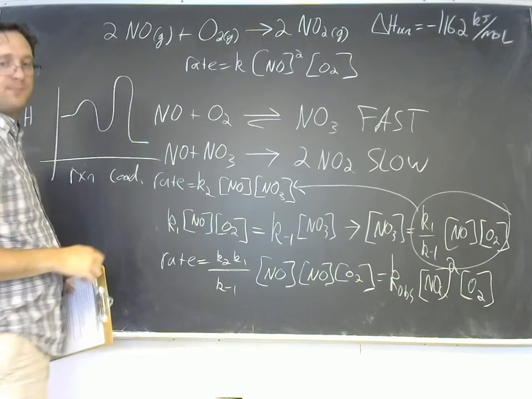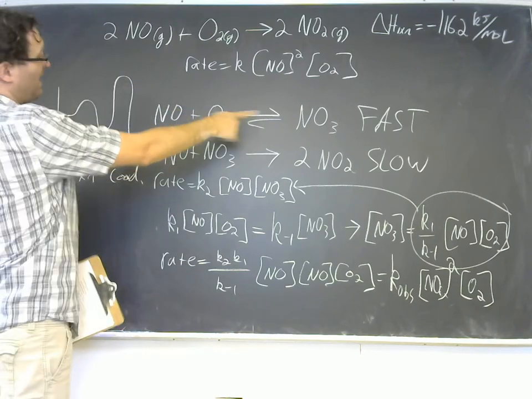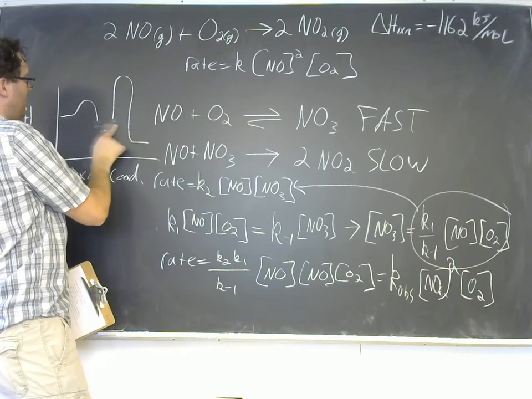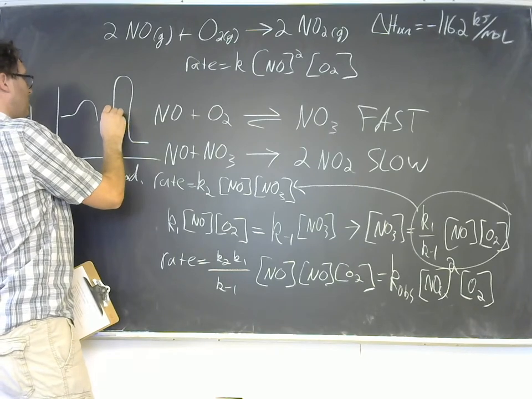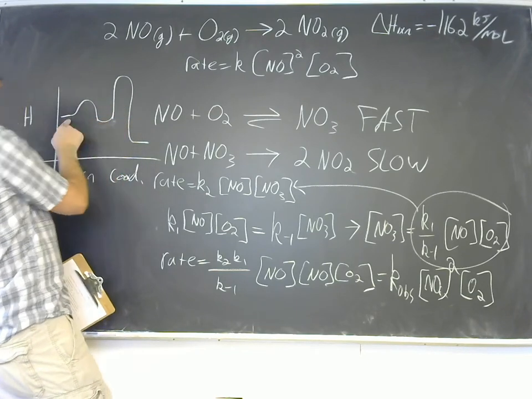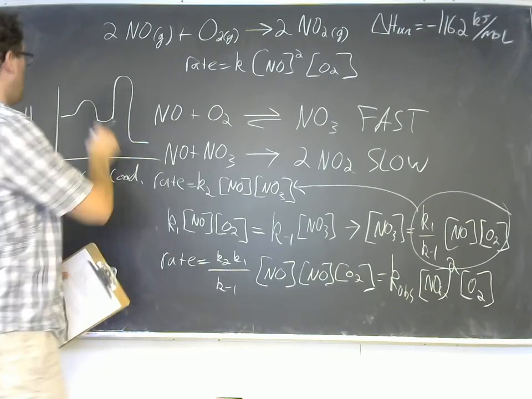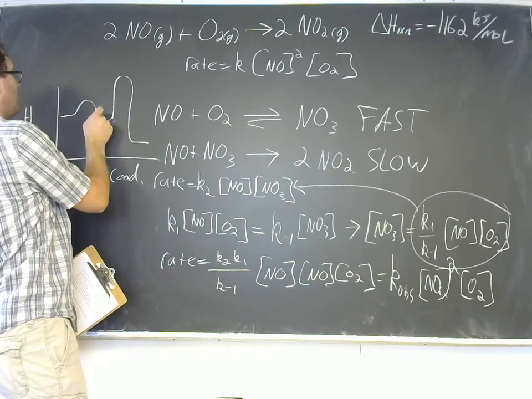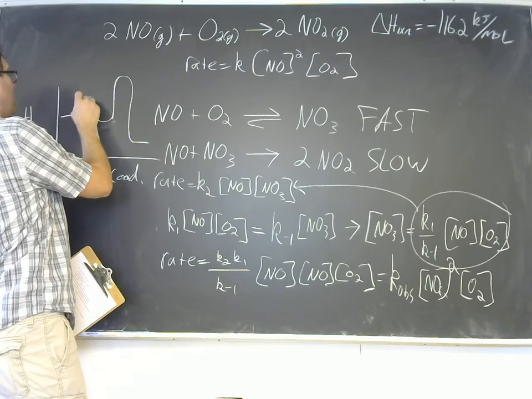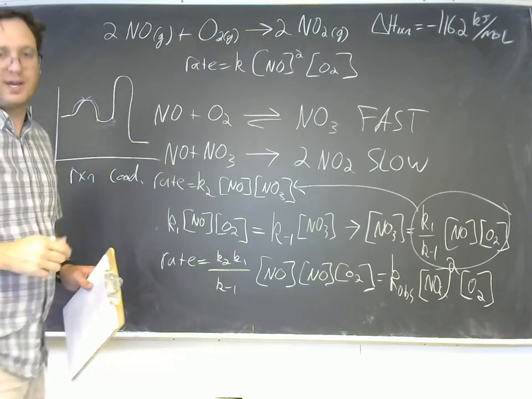There we are. And because this first step is an equilibrium reaction, in particular, I should probably put these reaction intermediates not too far removed from the energy of the reactants themselves. So this reverse activation energy is not too terribly different than the forward activation energy.